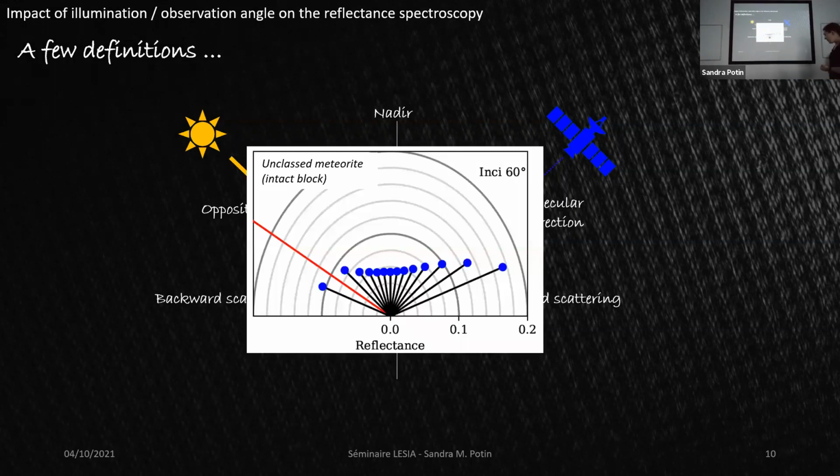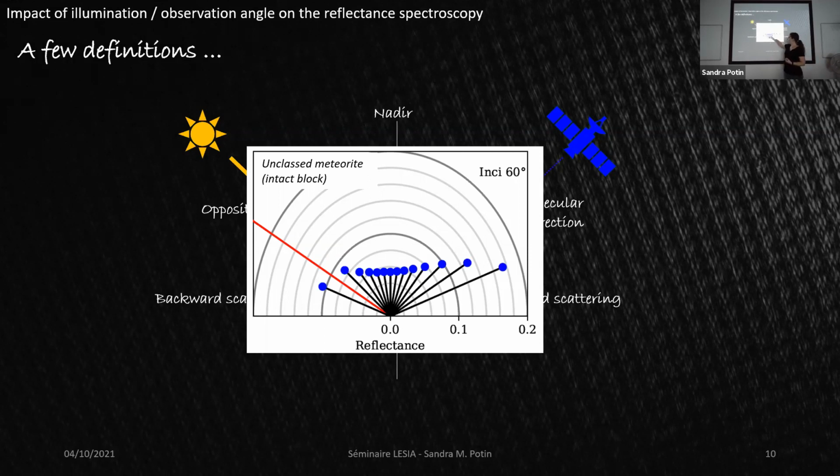We can represent the reflectance of a surface using this kind of plot, this polar plot. Again, it's not mandatory. I like this representation because we can see how the surface will scatter the light. In this representation, and this is the one I will use in my presentation, the red light is the direction of illumination, and each point is a reflectance measurement.